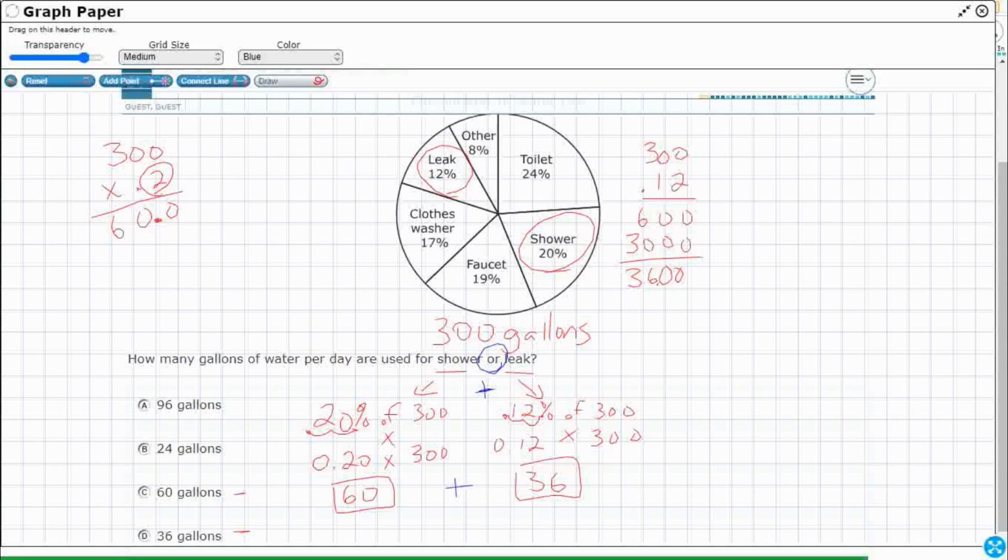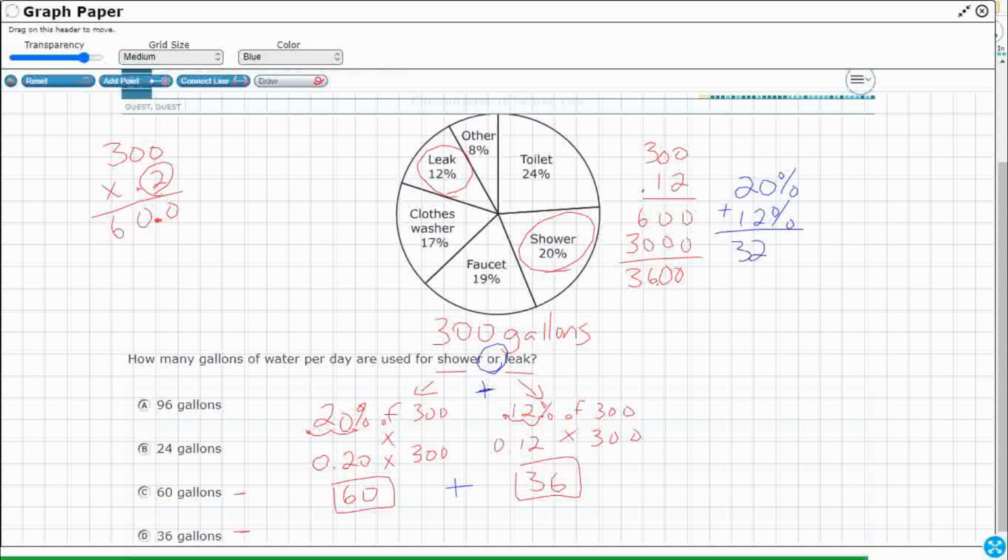Let me show you a different way, because I bet you some of you did this. Instead of multiplying twice, this is how you can work smarter, not harder. So if the gallons of water used per day for the shower is 20%, then the gallons per day used for the leak is going to be 12%. Add those up first.